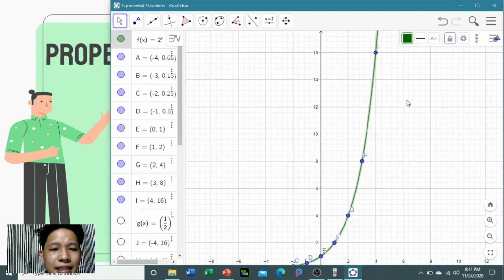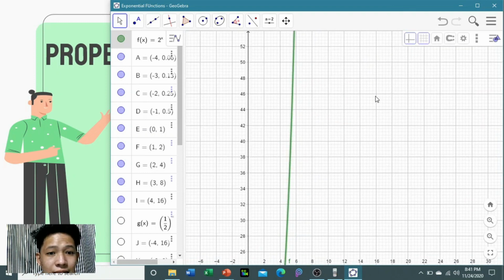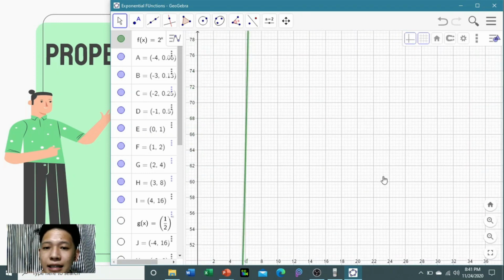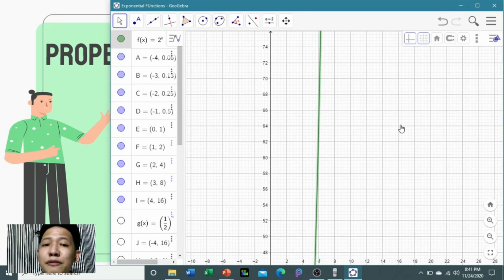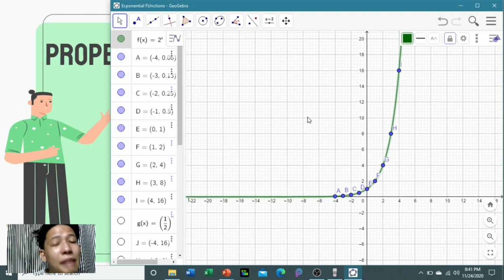And then sa right side naman, kapag in-extend natin yan, makakarating pa rin siya hanggang sa pinakadulo or to positive infinity. That is why the domain of all exponential functions is the set of real numbers. Okay, so that is true to all exponential functions.